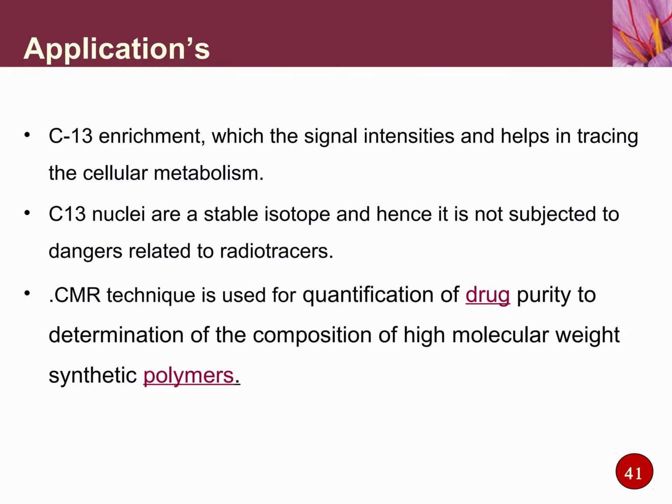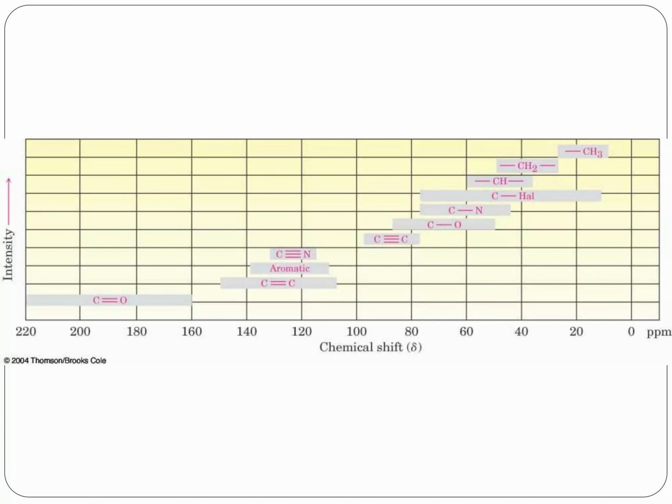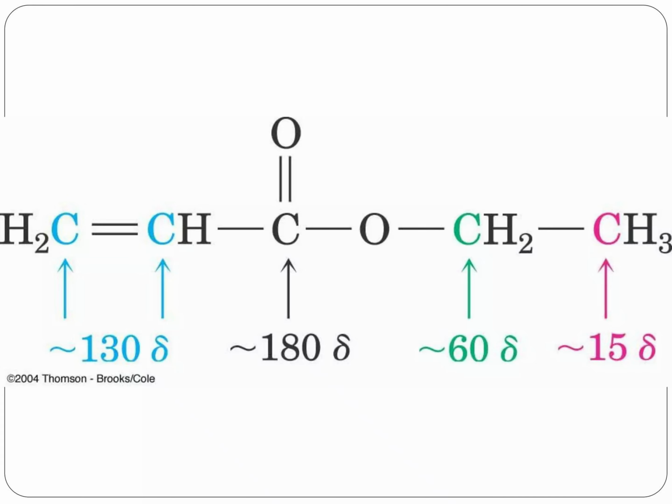Carbon nuclei are stable isotopes and hence are not subject to the dangers related to radiotracers. Carbon NMR techniques are useful for the quantification of drug purity and the determination of the composition of high molecular weight synthetic polymers. So these are the overall findings from carbon NMR. By this you can easily elucidate structural identification.